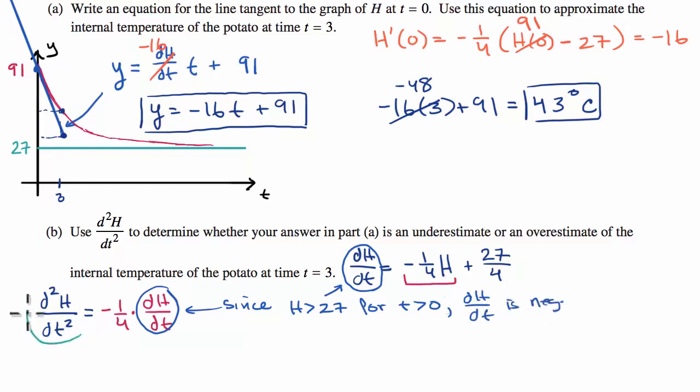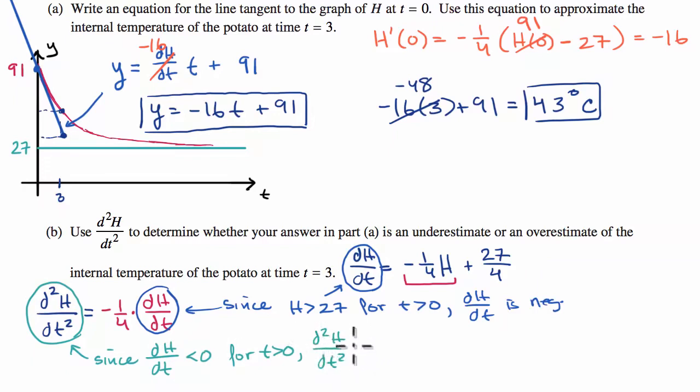So we could say that since dh dt is less than 0 for t is greater than 0, the second derivative of h with respect to t is going to be greater than 0 for t is greater than 0.